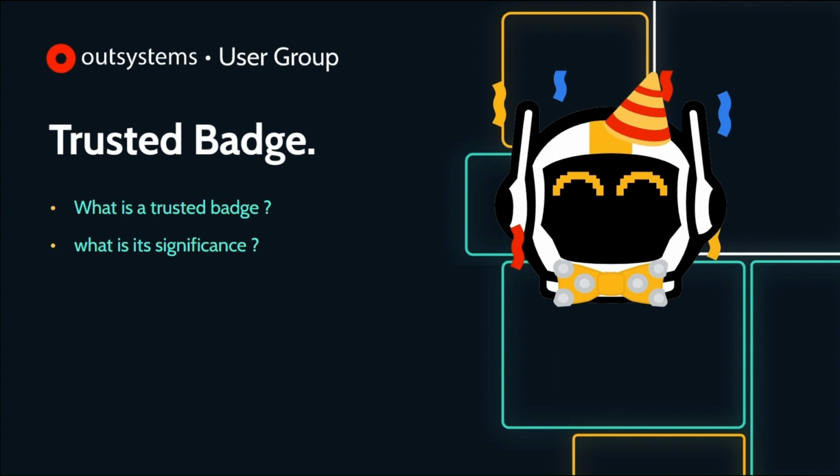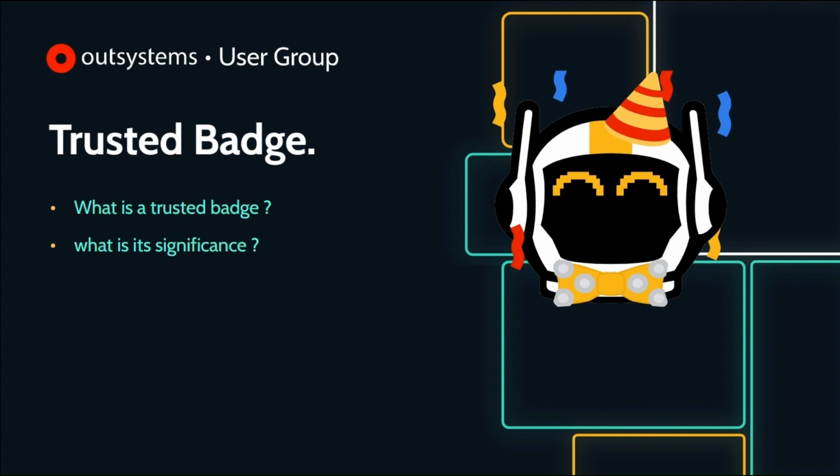To qualify for this badge, an asset must meet dedicated criteria across various categories, ensuring excellence in Forge presence, installation, functionality, usability, implementation, architecture, security, performance, code maintainability, compliance, and ongoing support.